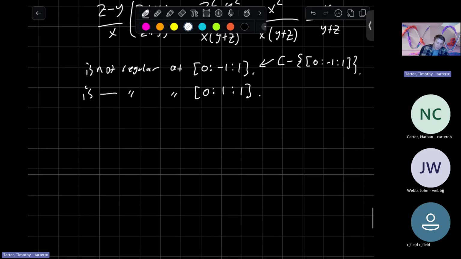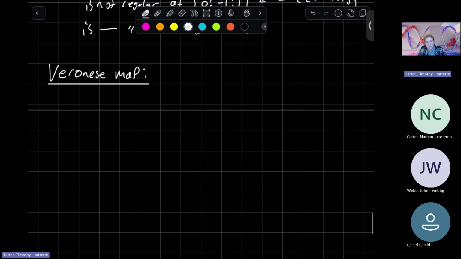Okay, so let's get to some canonical examples. We've already talked about the Veronese map, but I wanted to revisit it because I don't feel like it was motivated the way I would hope it would be in the first lecture.